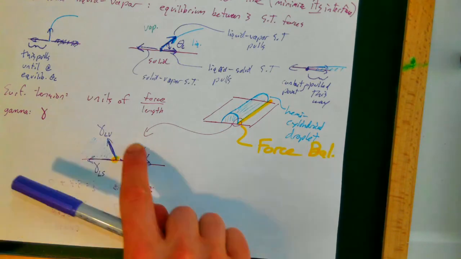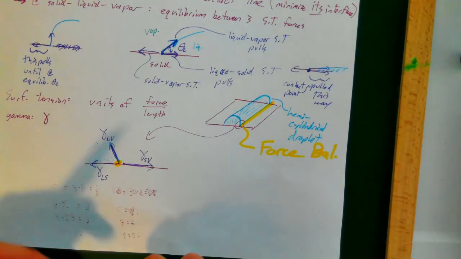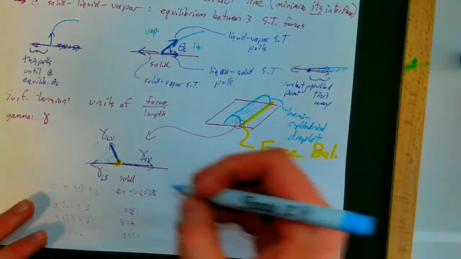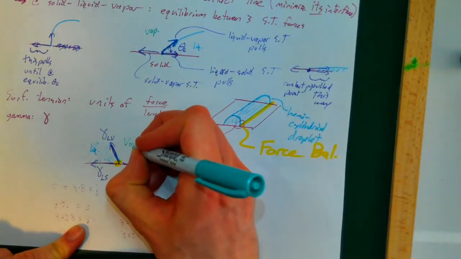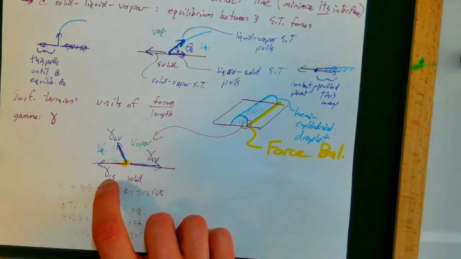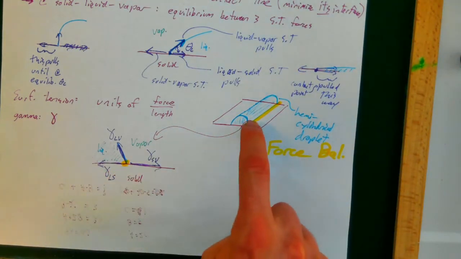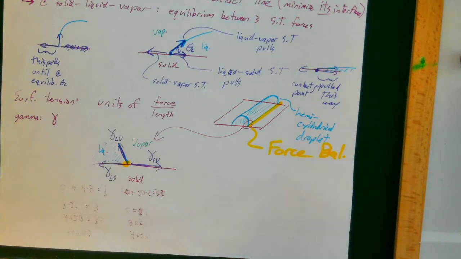So you use the two subscripts to describe whether it's in the solid, the liquid, or the vapor phases, and the liquid solid surface tension pulls at the contact line along the interface between those two.